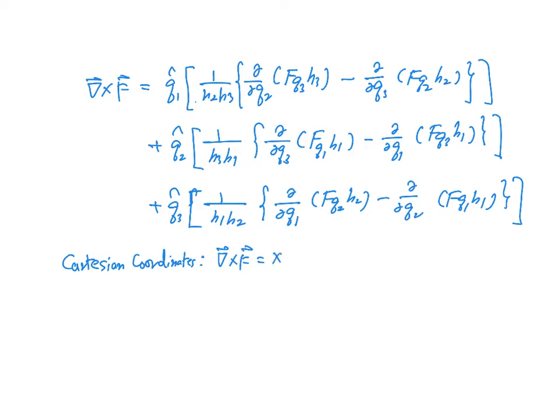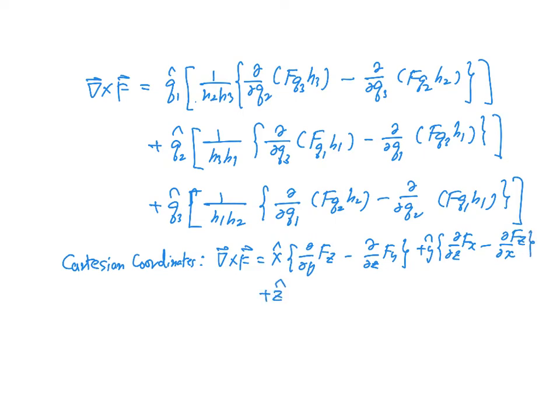So this is X partial Y partial Fz minus partial Z partial Fy plus Y partial Z partial Fx minus partial X partial Fz plus Z partial X partial Fy minus partial Y partial Fx.